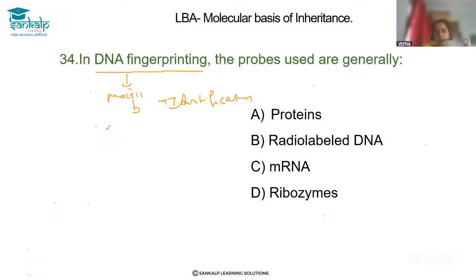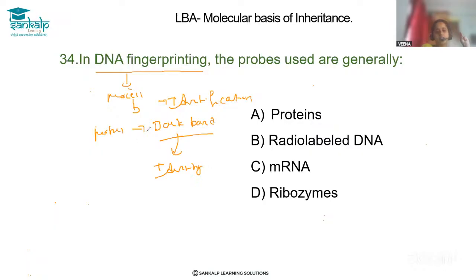How are these DNA bands detected? By adding the probes. Those probes give dark bands, so we can easily identify them now.